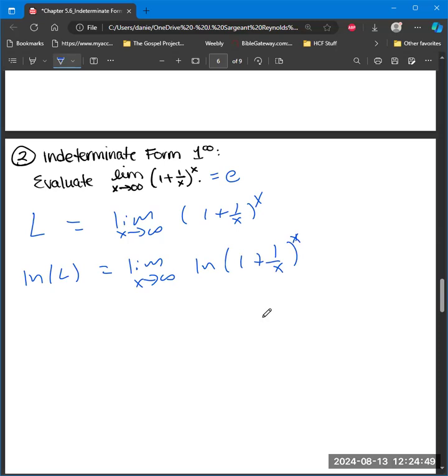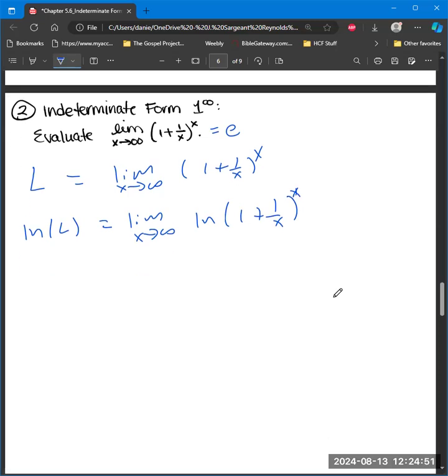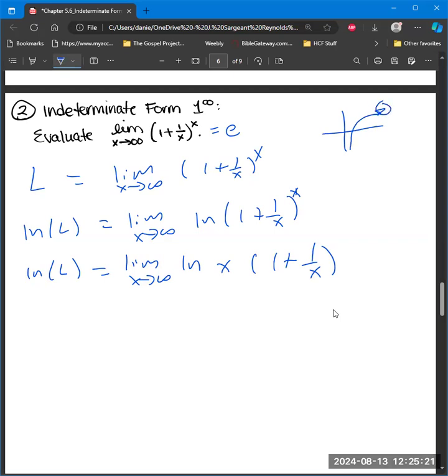And then I'm going to use my log properties here. Sorry, not limit on that side. ln of L is equal to the limit as x goes to infinity of x times ln of 1 plus 1 over x, like so.